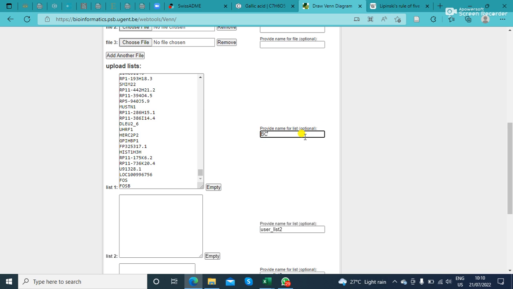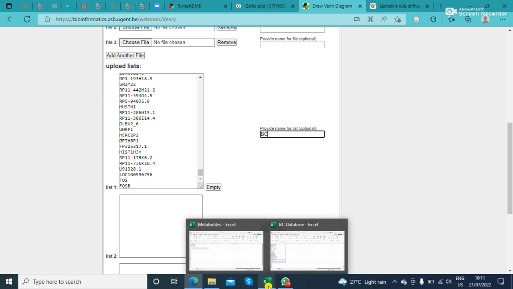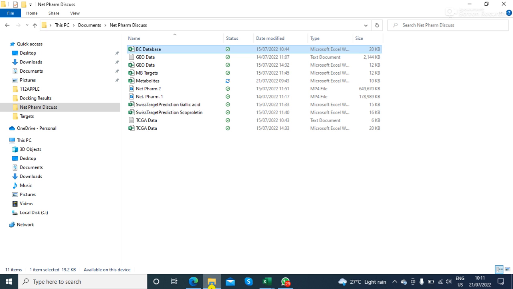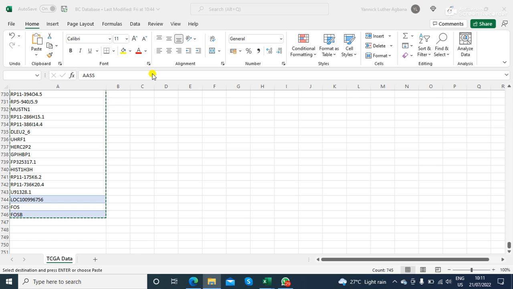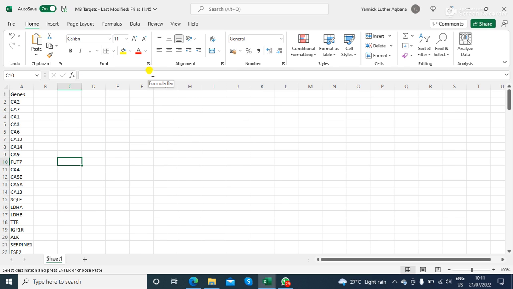If I say BC, that means when I am writing, I might need to tell the readers what the BC stands for: breast cancer. So I want to put the BC there, and the next thing I want to put is, so we are opening the targets from the plant Macaranga bacteria, and we will copy.